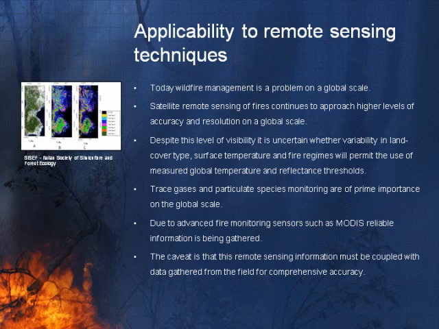It can also refer to aerosol-like particles that are thrown up by fires and a lot of other natural phenomena. Due to advanced fire monitoring sensors such as MODIS, we can get pretty good information. Once again, you need ground truth. You have people on the ground that are confirming this. Okay, and the caveat is it's got to be coupled with data gathering, and the Forest Service does this.